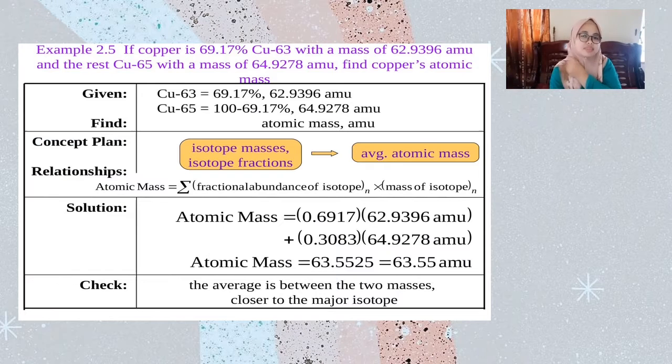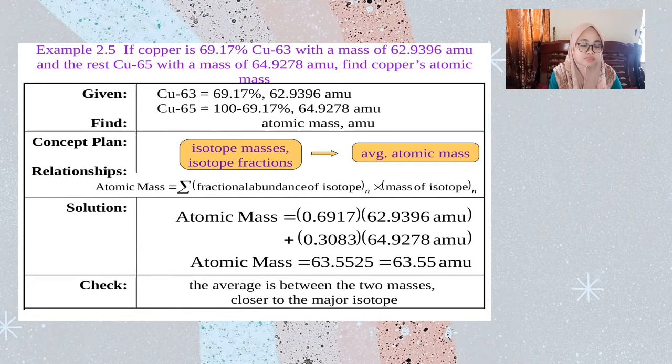I choose copper as an example for atomic mass, with isotopes copper 63 and 65. You can use the atomic mass formula: fractional abundance of isotope times mass of isotope.